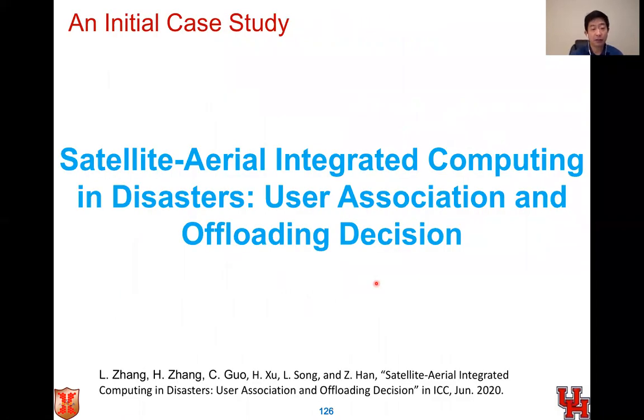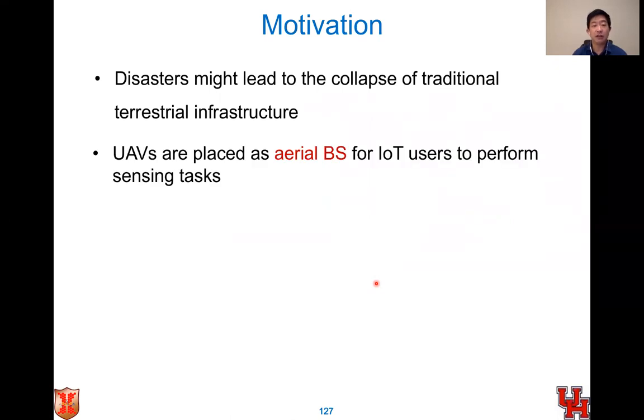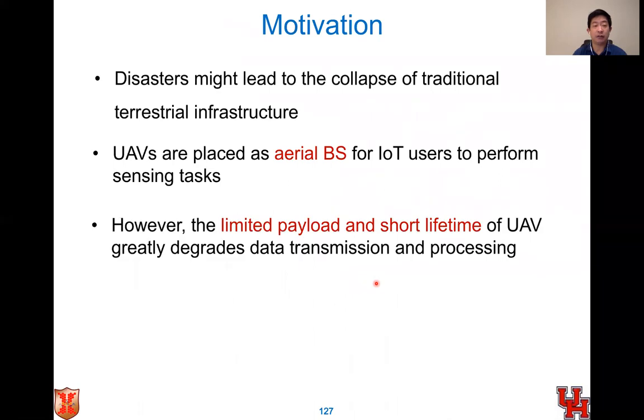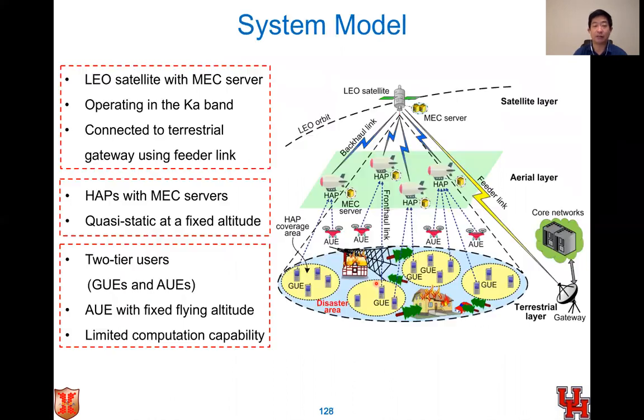And when we talk about satellite-aerial integrated computing in a disaster area, I mean user association and offloading decision. The disaster might lead to the collapse of traditional terrestrial infrastructure, so UAVs act as aerial base stations for IoT users to perform sensing tasks. However, the limited payload and short flight time of UAVs is a challenge. So basically, we want to have the LEO satellite and HAP together.